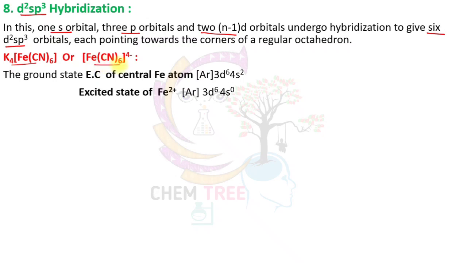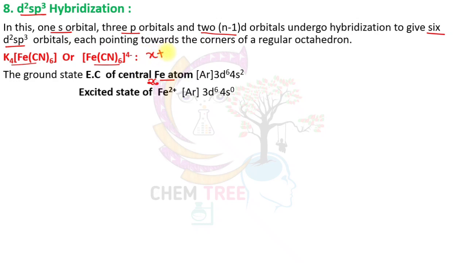In this complex, iron is the central metal atom having electronic configuration argon 3d6 4s2. Its atomic number is 26. In the excited state of iron, the oxidation state of iron is +2.